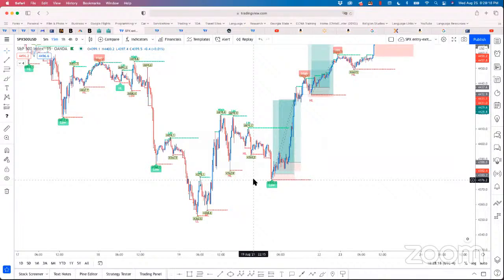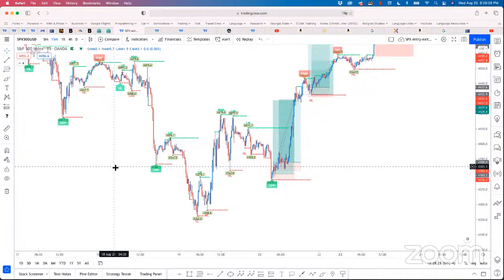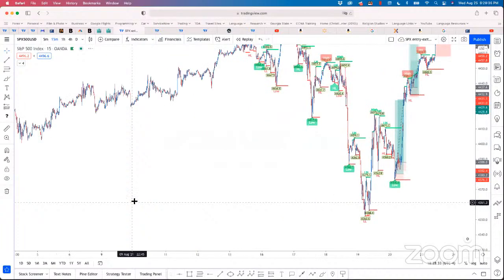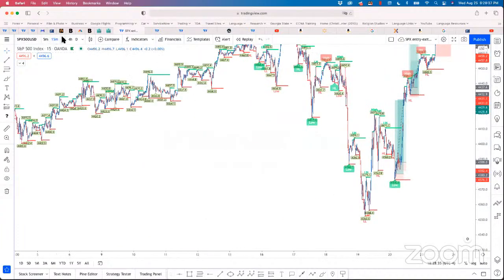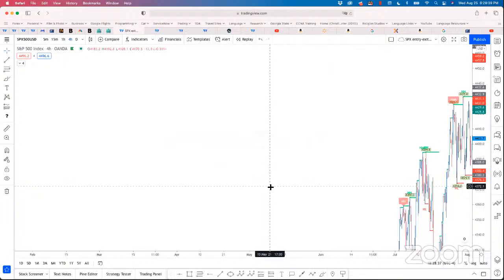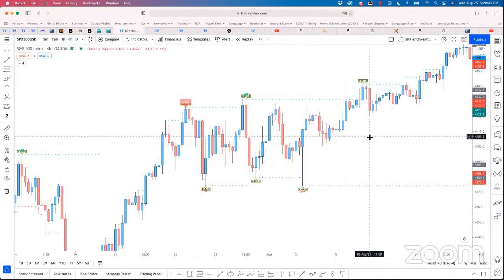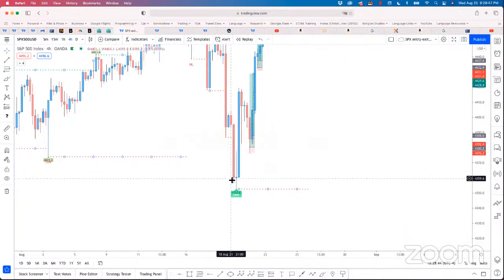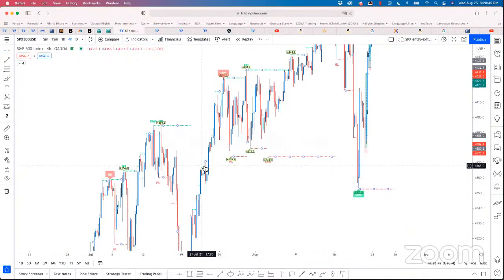Hey, Cory, just to be clear, before you add on, you at least put your first one at break even? Like I said, it depends. There are situations where I will add on to a trade. If we're talking about SPX, I was looking for this buy right here, and I was basing it off of this order block right here.